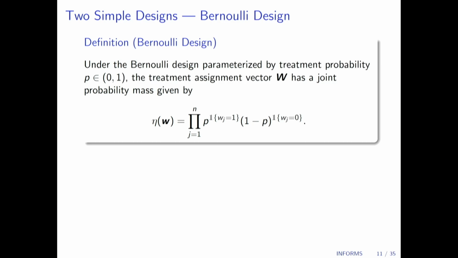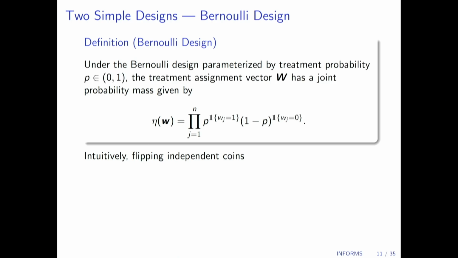I have 2 examples to illustrate what I mean by choosing one distribution. The first example is a Bernoulli design. In a Bernoulli design, we flip an independent coin for each unit to determine the treatment assignment of that single unit. And we can calculate the joint probability distribution, eta W, in the following expression. When we're flipping the independent coins, we can count the probability of the first unit receiving treatment, the second receiving control, the third unit receiving treatment, and so on.